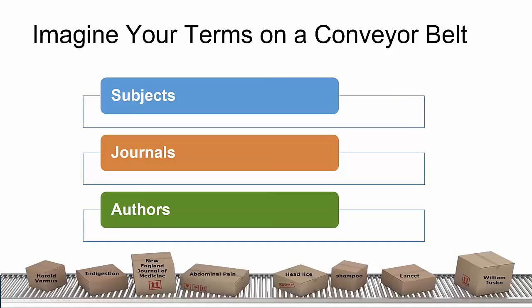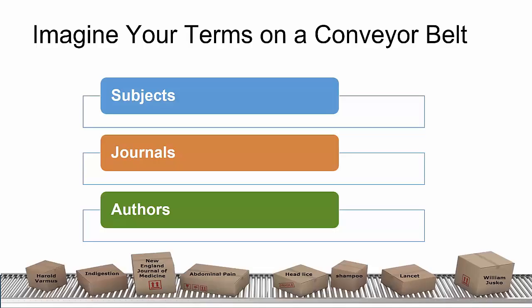If a term maps to MeSH, it gets off the conveyor belt and ATM processing on that term is complete. PubMed won't look for it in the other translation tables. For example, in the search details we looked at just a few slides ago, the subjects indigestion and abdominal pain map to MeSH terms, so they both got off the ATM conveyor belt at that first stop.